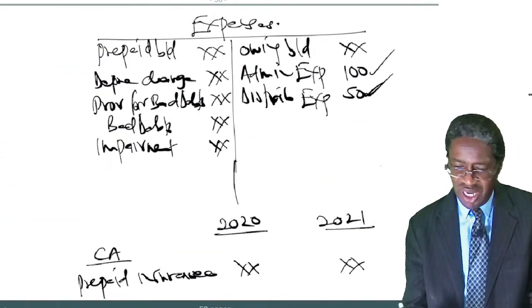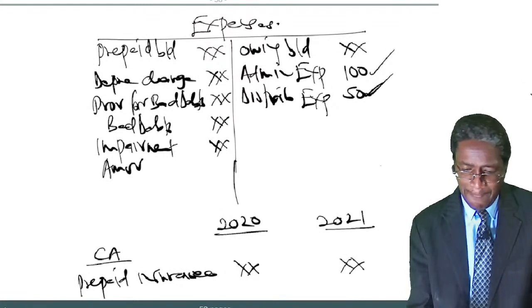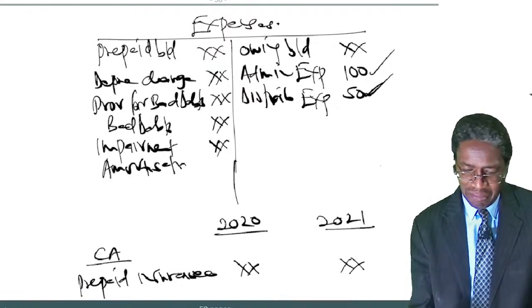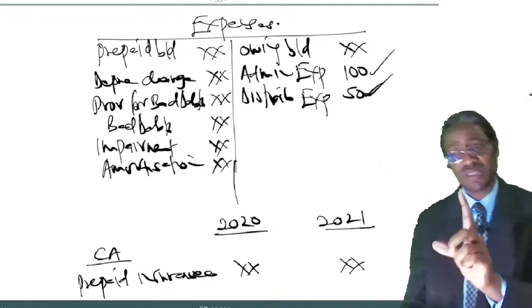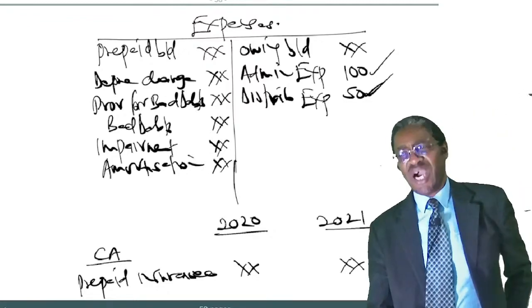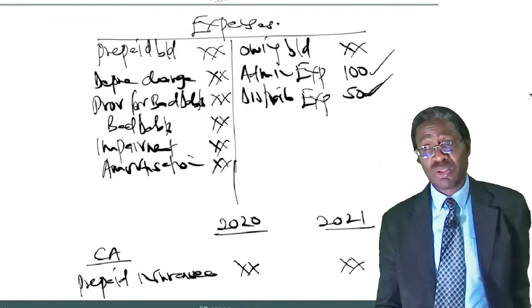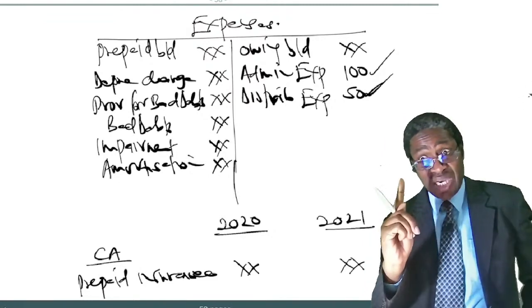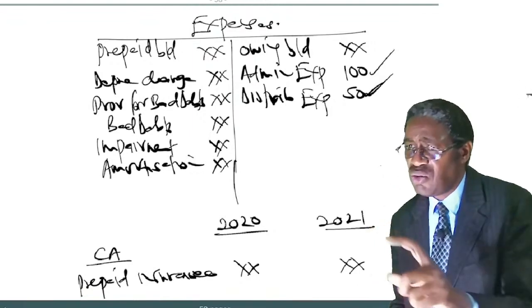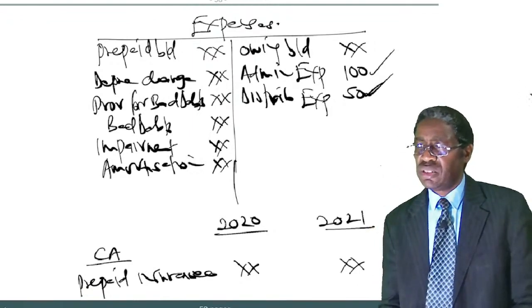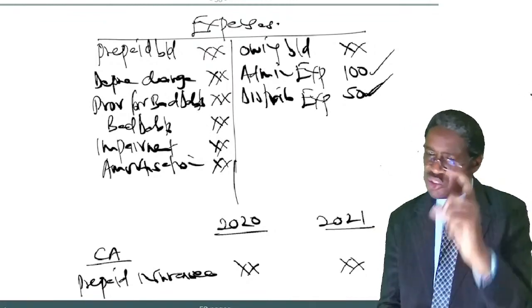Another one could be amortization. Good. Now, listen carefully, because this is where I am now. I told you this is where the issues are. Now, somebody has given me within your list loss on disposal.